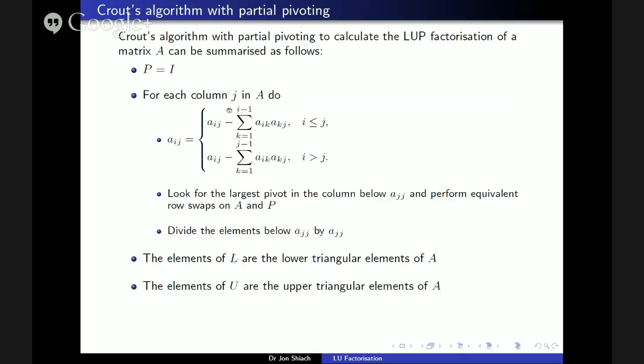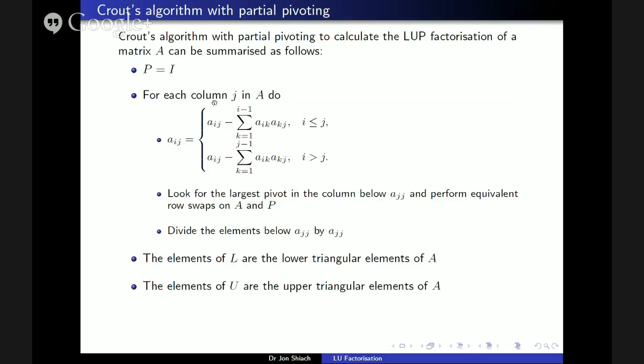So for each column j, let's say we're on the first column, we calculate Aij when j is 1. Then we look for the largest pivot in the column below Ajj. So Ajj is our pivot element. And we perform equivalent row swaps on A and P. P, you started with the identity matrix, so any row swaps you have on A, you also do on P. Then you divide the elements below the pivot element by the pivot.